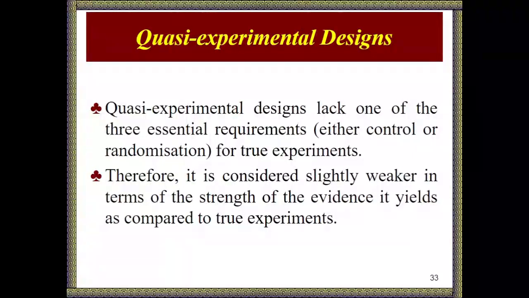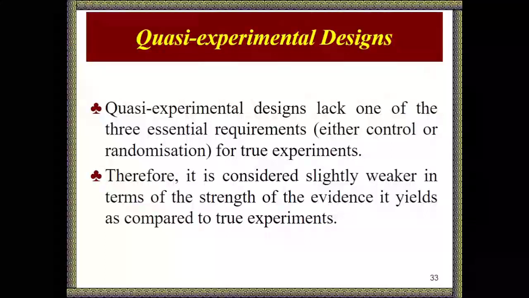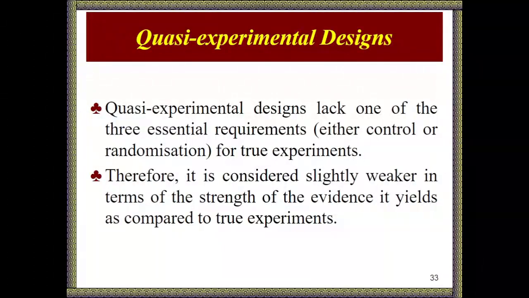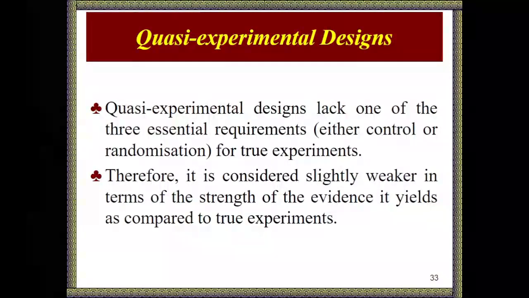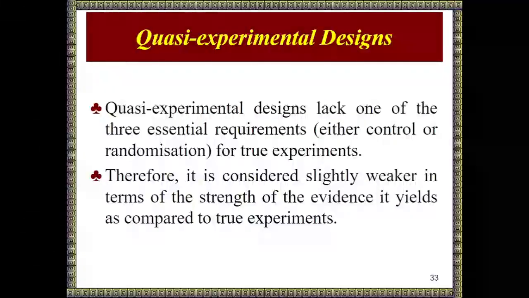Understand? So quasi experimental design lacks one of the three essential requirements. What are the three essential requirements? Manipulation, control, and randomization. So one of the components, either control or randomization, is missing. We will not keep the control sometimes. Understand?